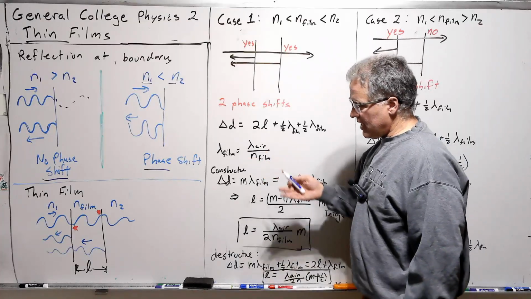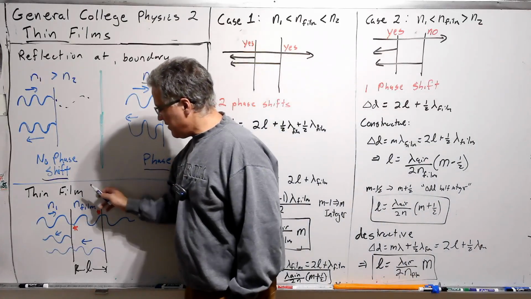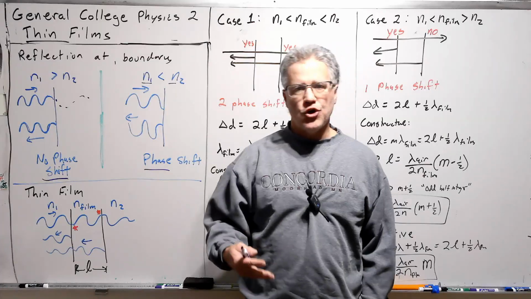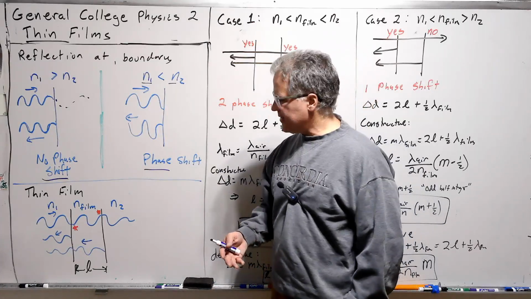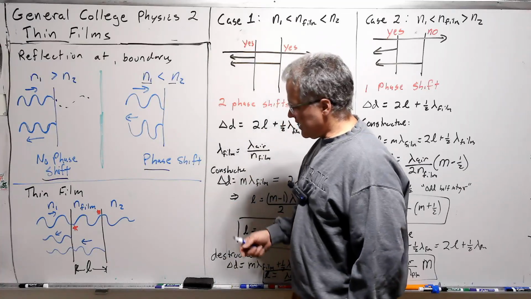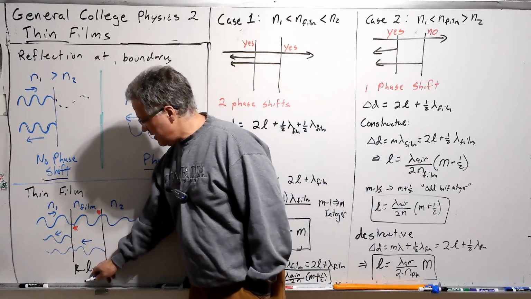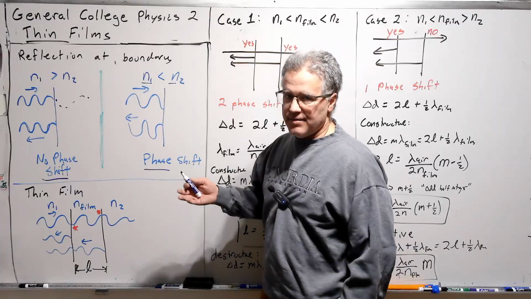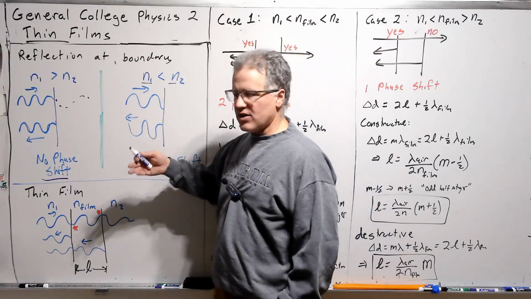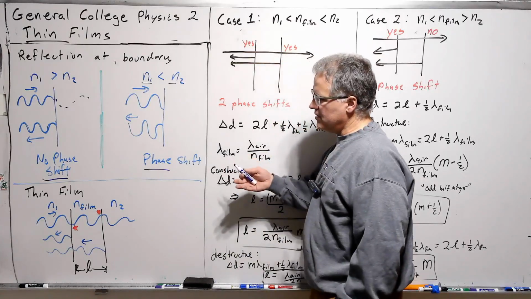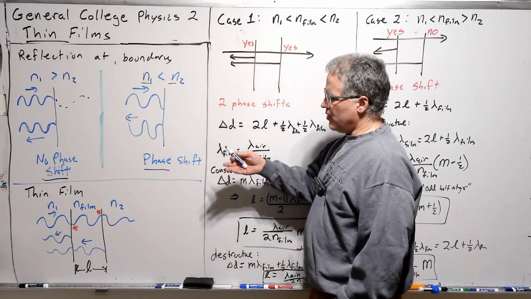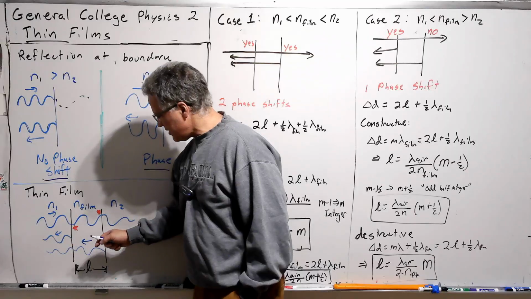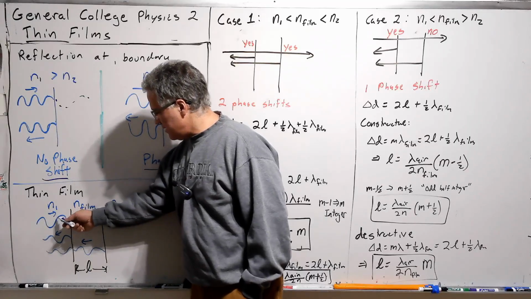A more challenging case is the thin film. This is a very thin layer on the order of several wavelengths, but not much longer than a wavelength. So L, the thickness of the material, is on the order of nanometers, maybe microns, but maybe 1, 2, or 3 times the wavelength of light, not really, really large. We have light coming in.